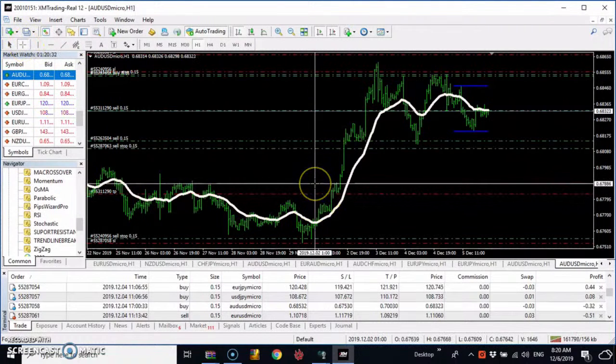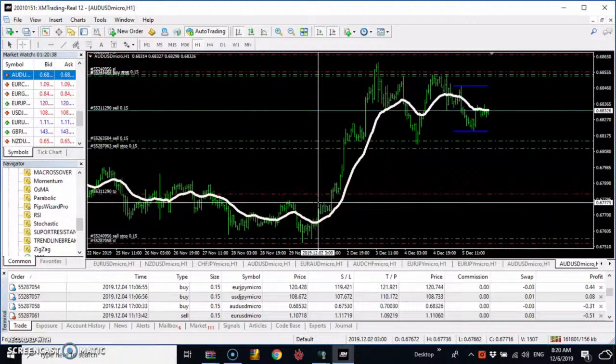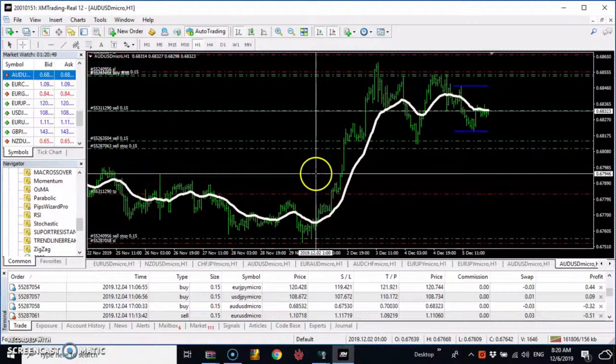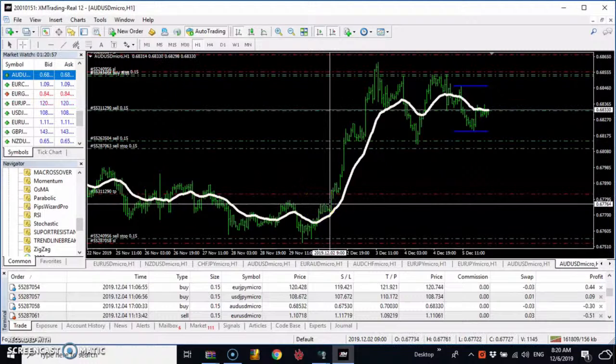The previous level is broken, or this level where the breakout happened. Sorry, I forgot how to speak that English. Where the breakout happened, it's coming here. The longest leg will end right here.